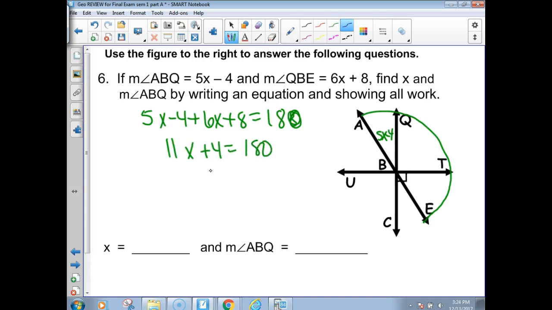Now we're ready to do the algebra steps. Subtract 4 from both sides. Divide by 11, and I think that's 16, isn't it? Okay, x is 16. Now plug back in for ABQ: 5 times 16 minus 4. That's 80 minus 4, so it comes out to 76 degrees.